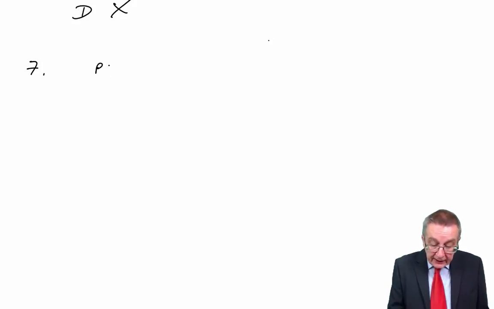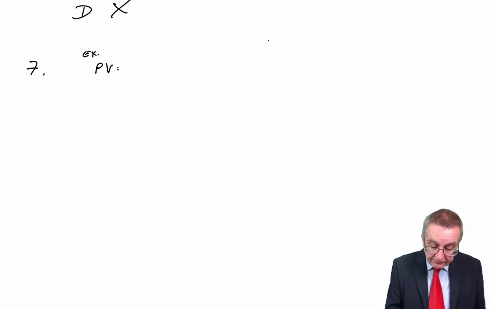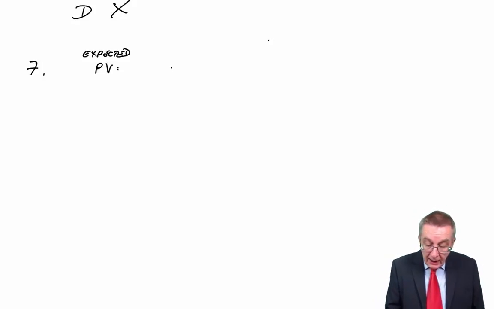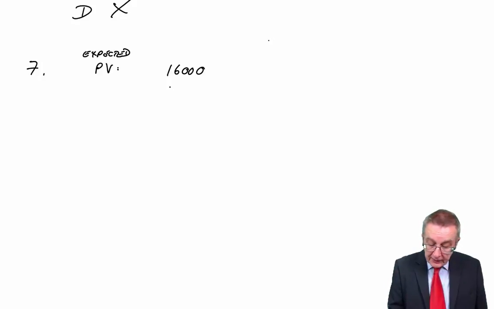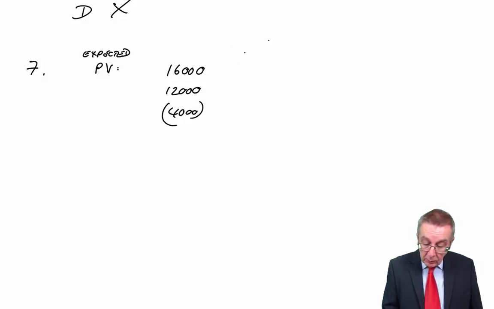But the present value at time 1, or the expected present value, is either 16,000, 12,000 or minus 4,000, with probabilities 0.15, 0.6, 0.25.